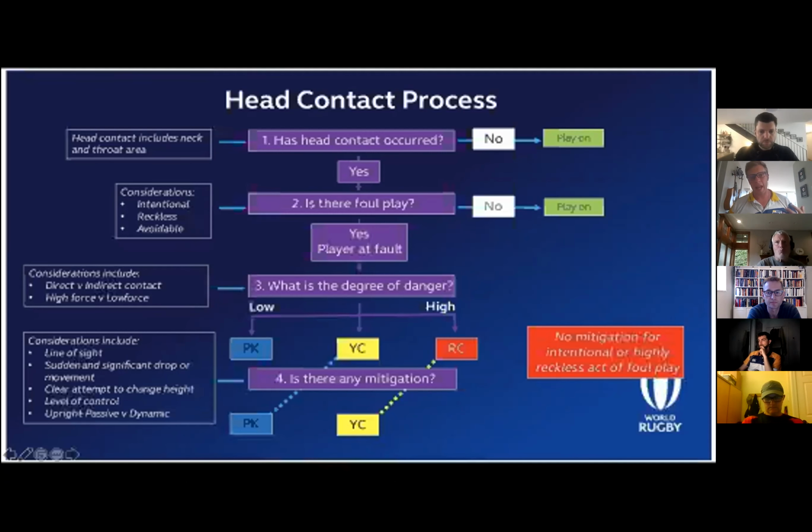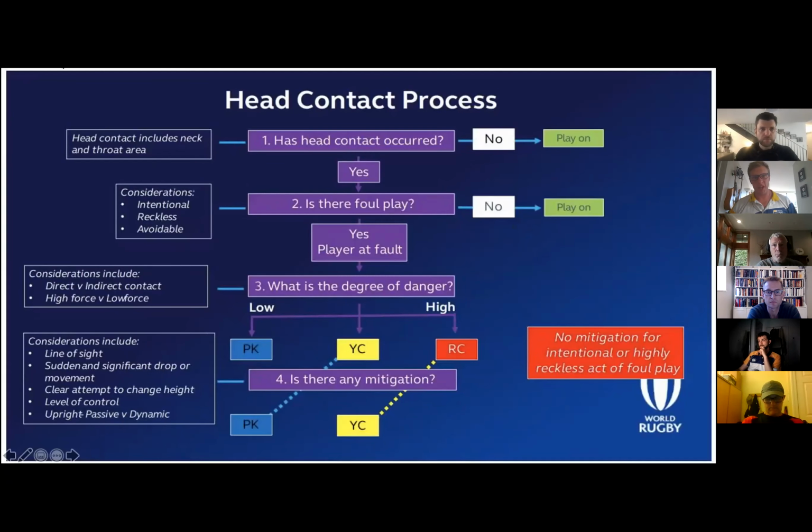But the best language I've heard to describe it is a "no doubter." You see someone coming into the side of a ruck to try and remove someone who's on the wrong side, and they're doing it with a shoulder. That's a no doubter. I mean, should the player have been lying on the wrong side? No, but we can't be flying into rucks with our shoulders.